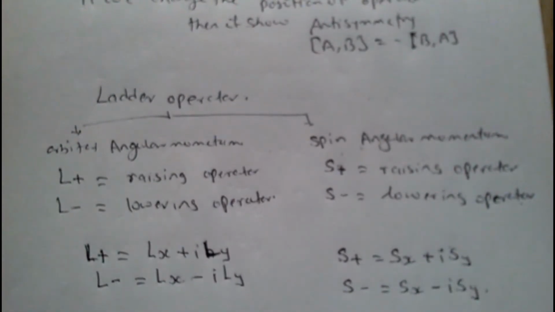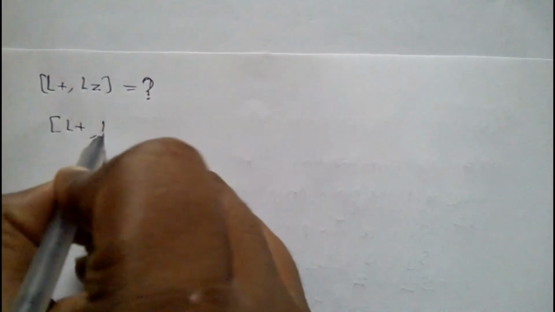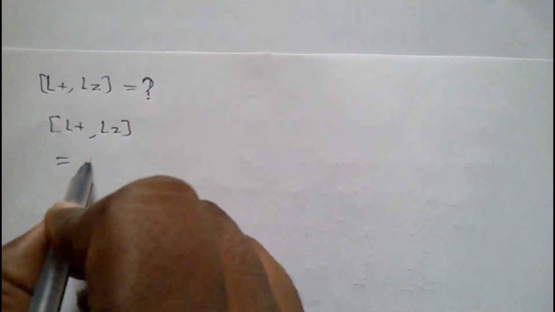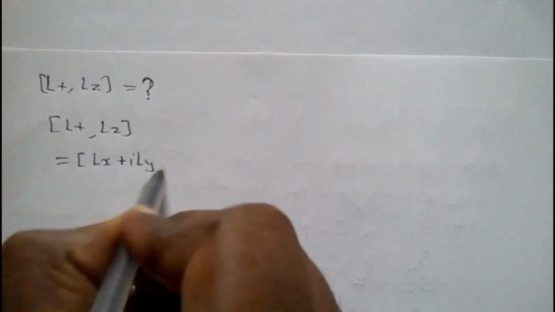So let's solve some problems. L plus and Lz, we have to find the answer. So here L plus Lz, and we know the L plus value is Lx plus i Ly.